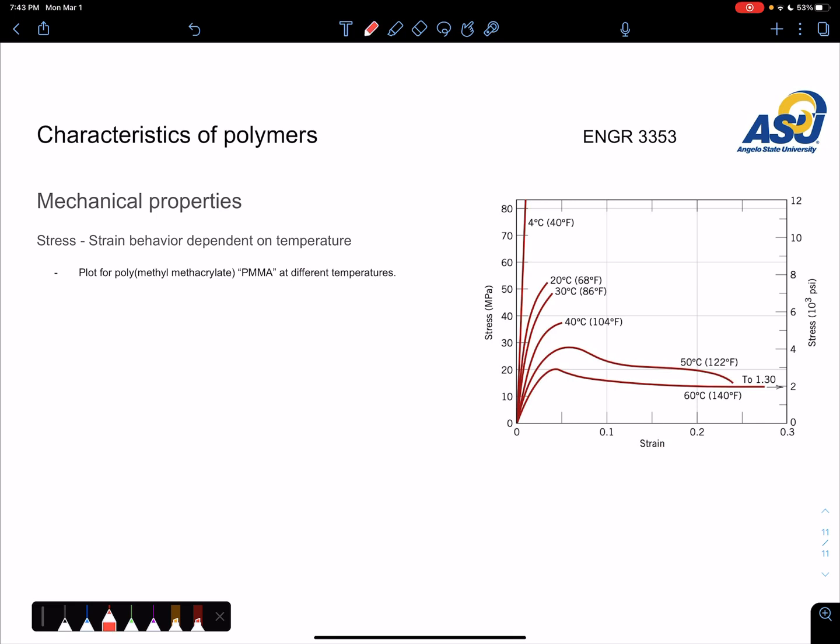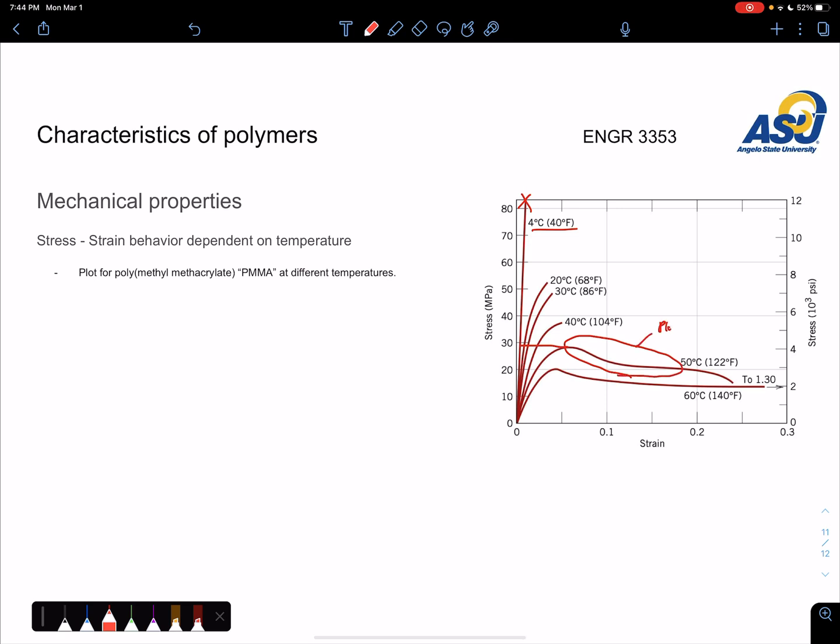As you can see here at 4 degrees Celsius, it's pretty brittle. And then here, as you start to go up in temperature, it slowly starts to look a bit like a plastic stress strain curve. Then here it actually has a max yielding stress, and then it goes into this area of plastic.